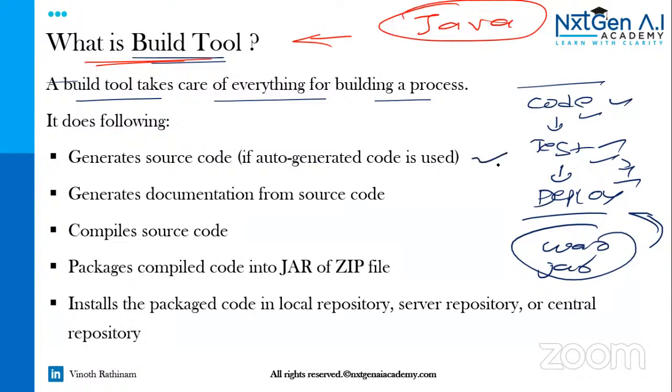It generates the source code, and then they will code it, and they can create the documentation parallelly, and they will compile it. If there is any error, it will tell, because unit testing is not about just one entire project. They will compile and make sure everything is proper.